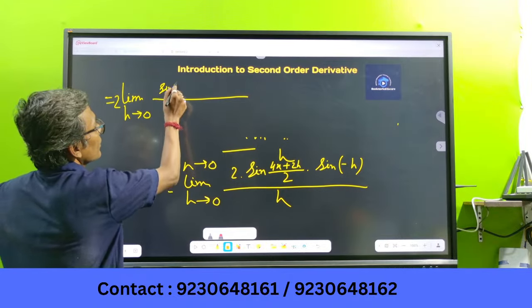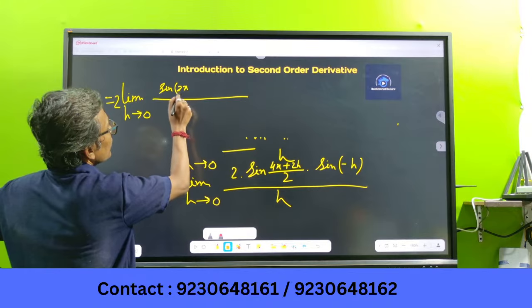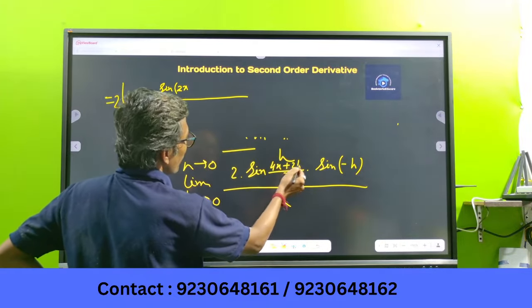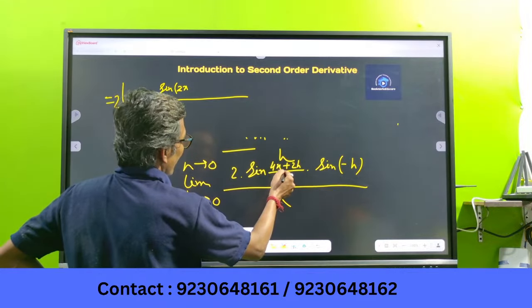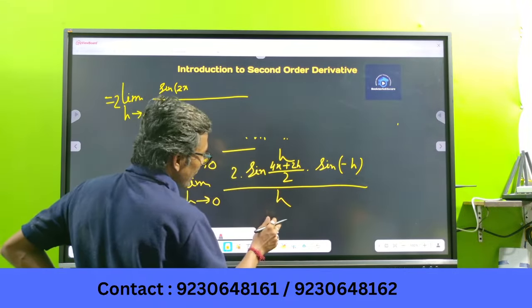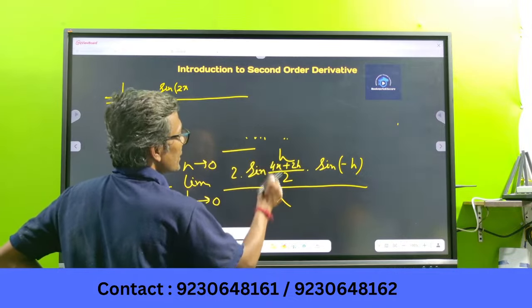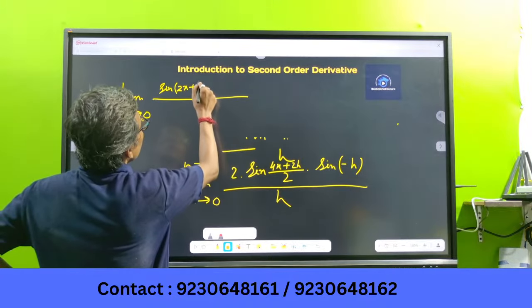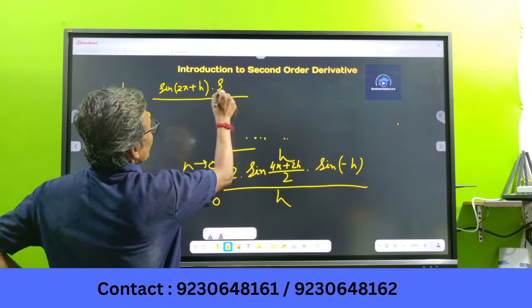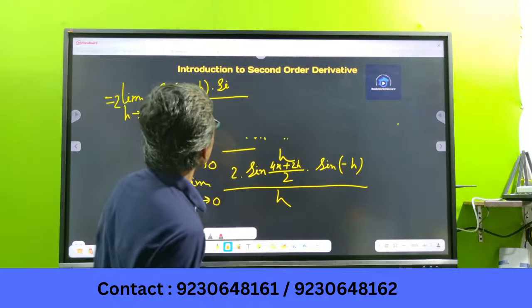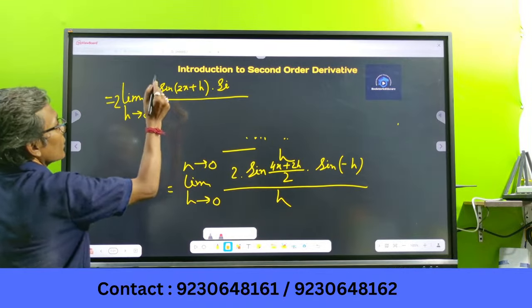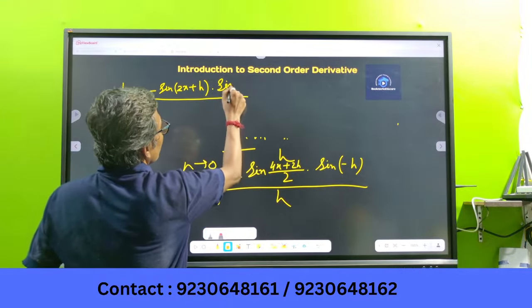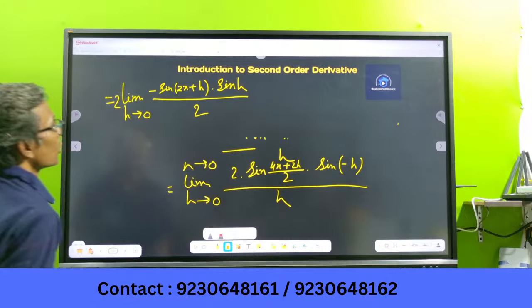The 2 in the numerator will be eliminated because 2 is present in the denominator. Sin of minus h means minus sin h, by h.